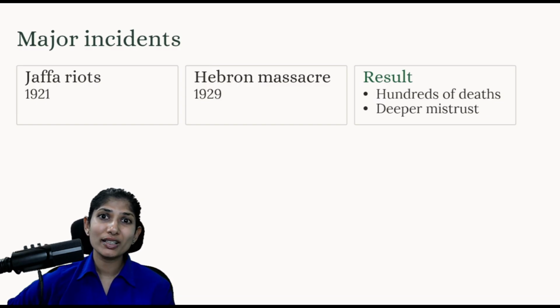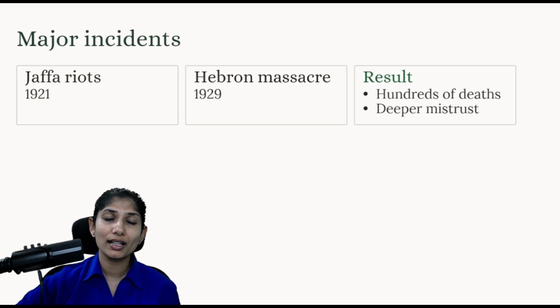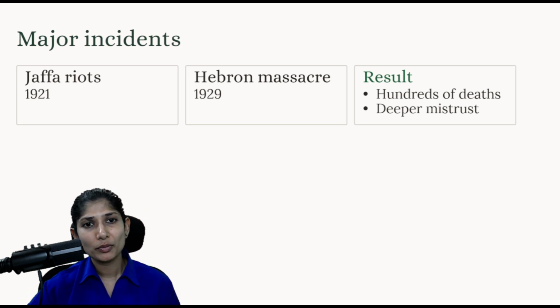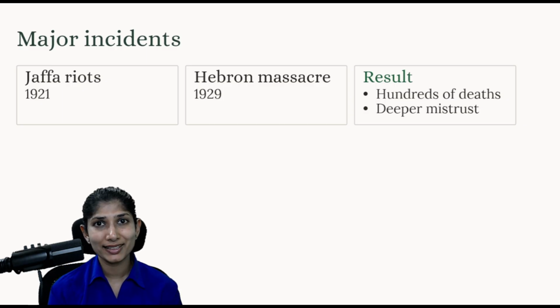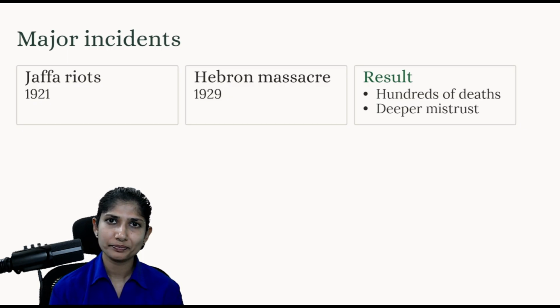This led to resentments. Again, we would see major conflicts in Palestine, such as the Jaffa riots and the Hebron massacre, which led to hundreds of deaths and mistrust between the communities of Jews and Arabs.